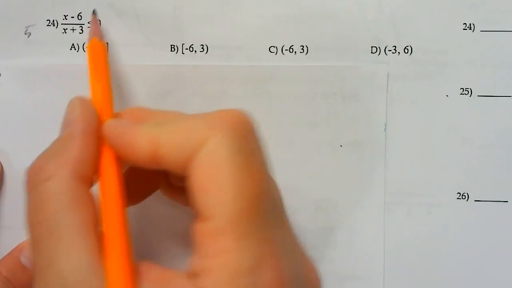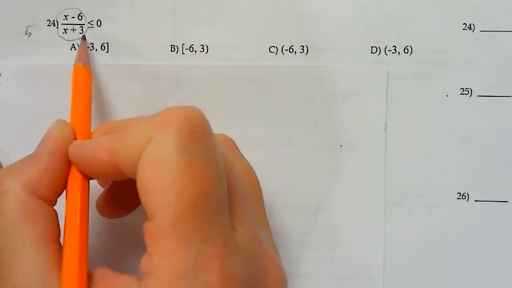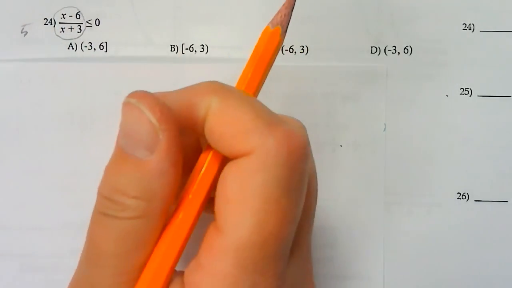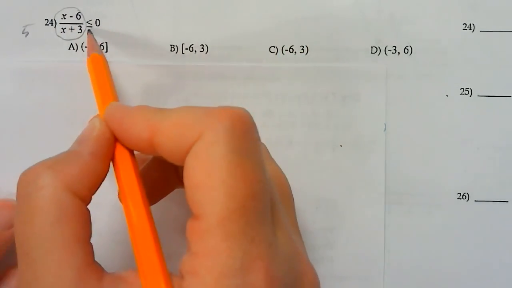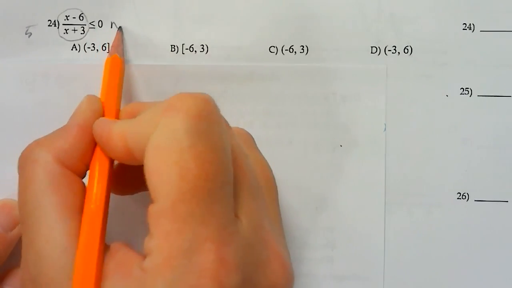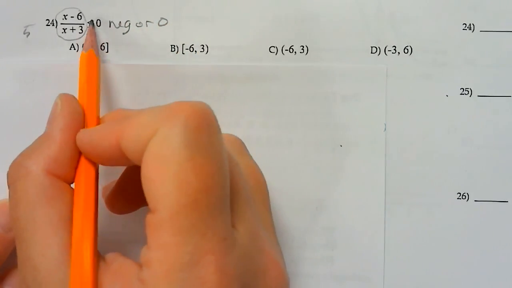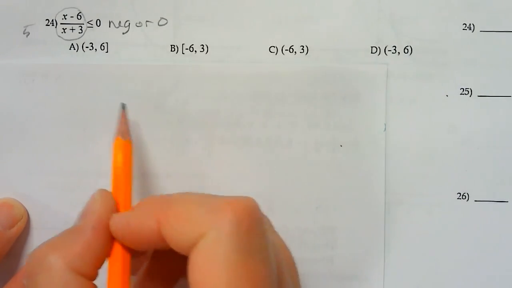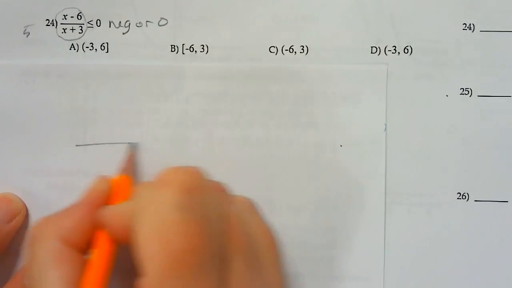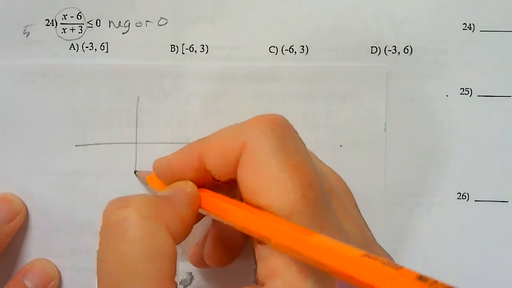So I have to evaluate this function. I have to find out information about the function and then see when it's negative. I'm looking for negative or 0. Okay, that's what less than or equal to 0 means, right? So I'm going to kind of sketch out a graphy thing here.